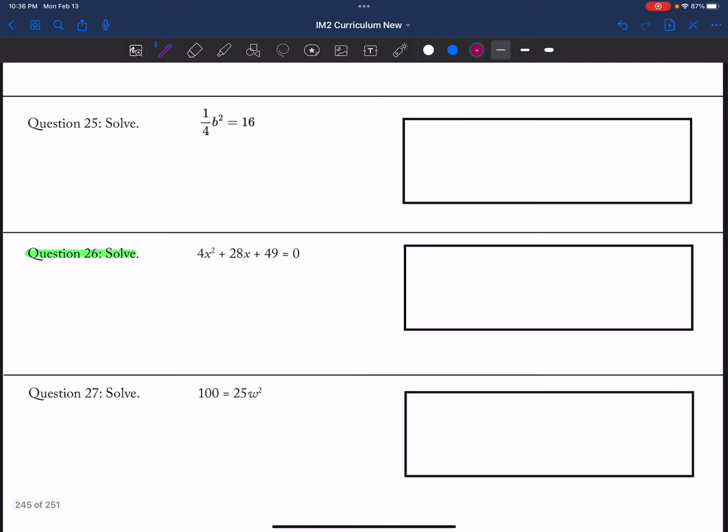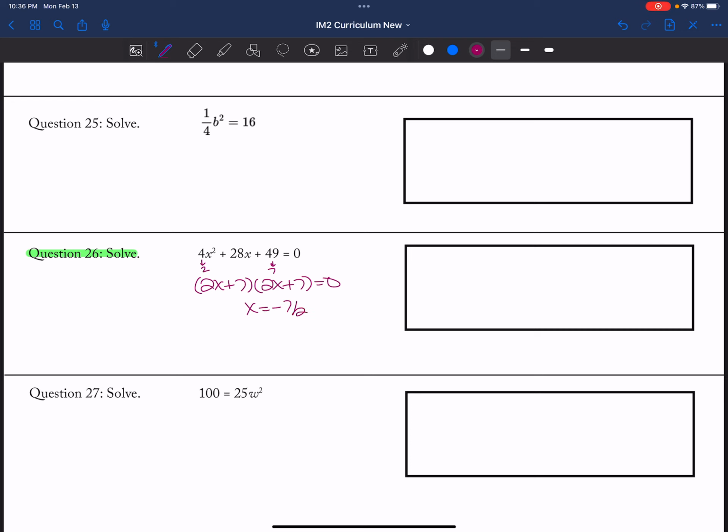Okay, 22. Same thing, 2, 7. So this factors 2, not 4. This factors 2, 2x plus 7, and 2x plus 7. These are all perfect squares. So then x is equal to negative 7 over 2.